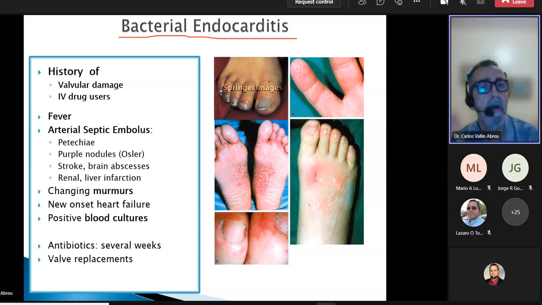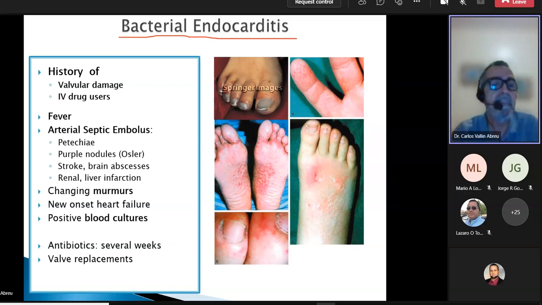And one day, the person has bacteria circulating in the blood, and the bacteria lodge there in the damaged valve and produce the infection. An exception of this scenario is the IV drug users.